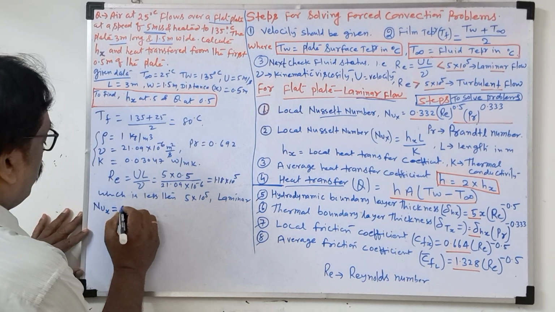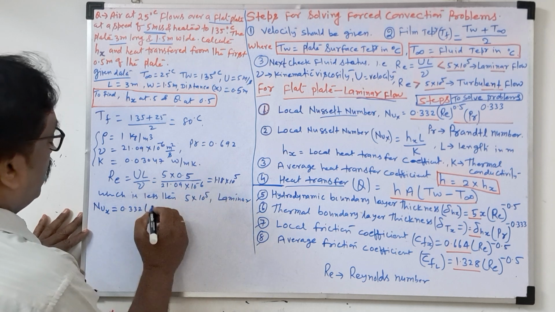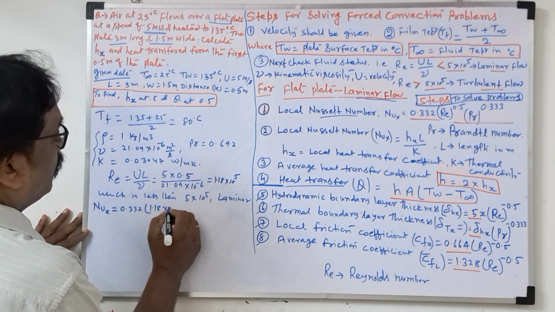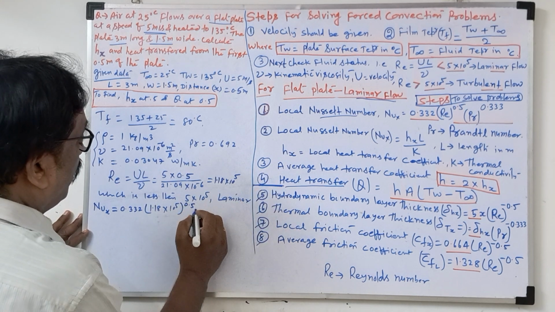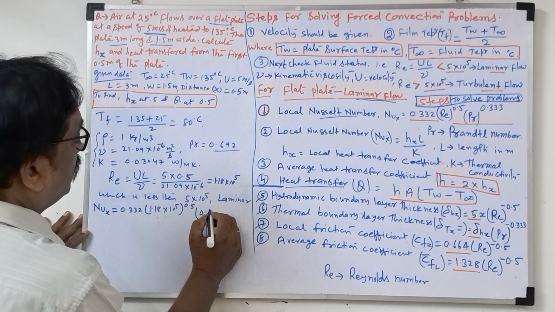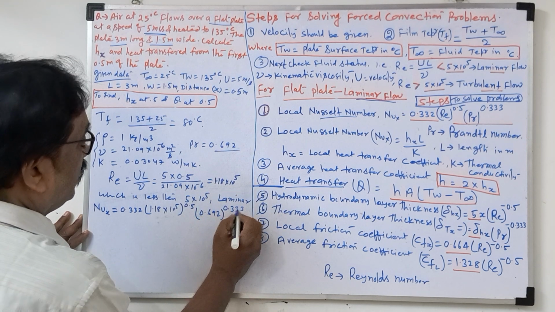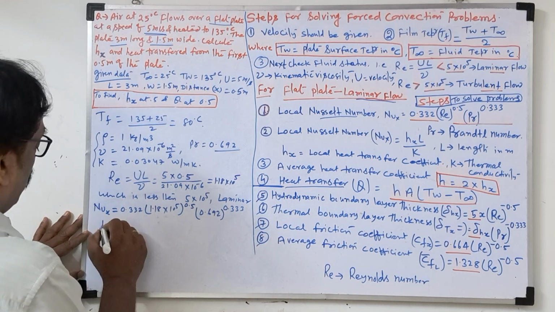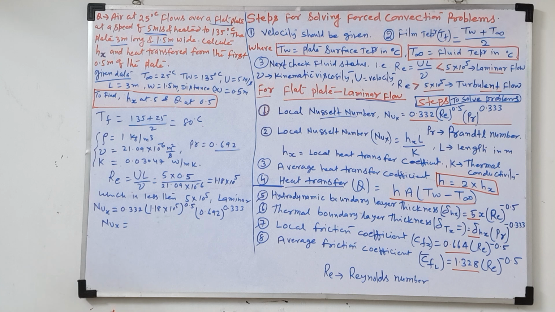0.332, what is the Reynolds number? 1.18 into 10 power 5, power 0.5, into Prandtl number 0.692, power 0.333. If you calculate this Nusselt number, how much is it coming?